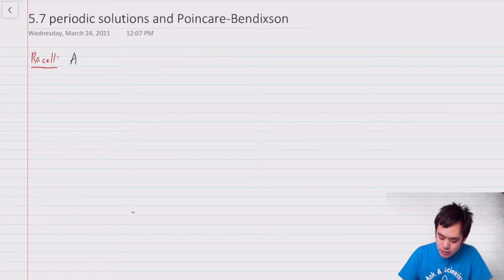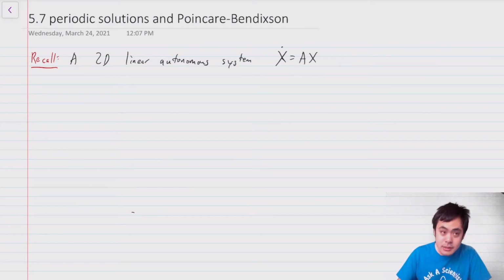So a 2D linear autonomous system x dot is equal to Ax.